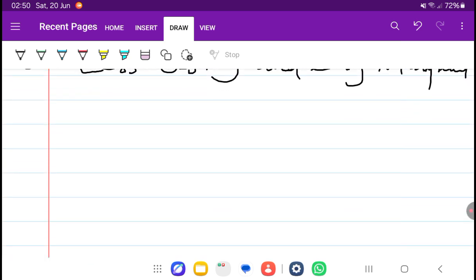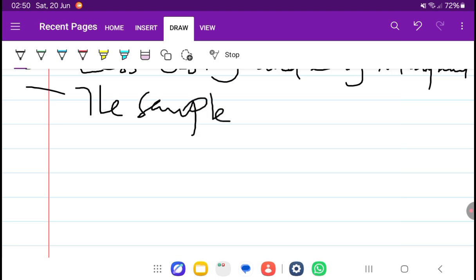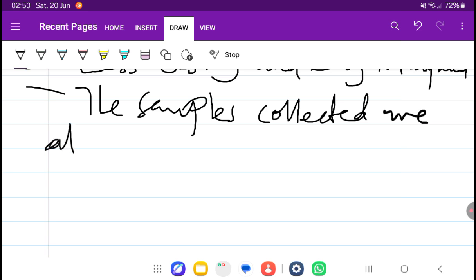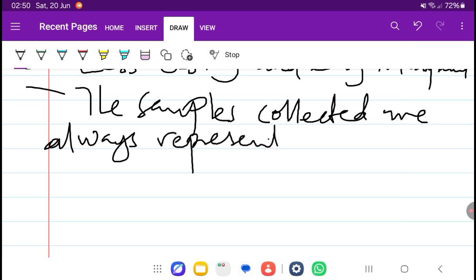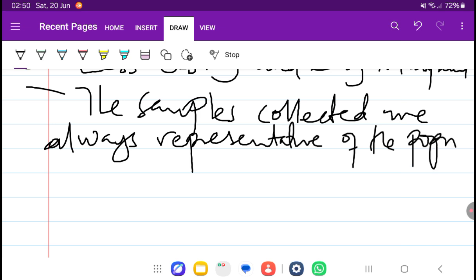Of course, the samples that we have collected are going to be representative of the entire population. So the samples collected are always representative of the population.